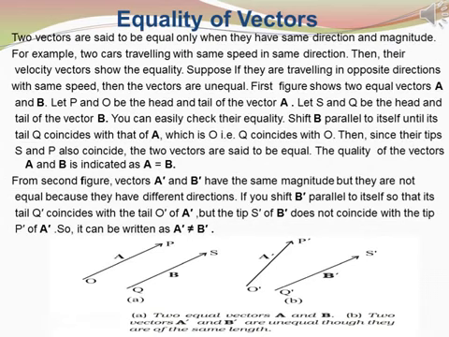If you shift the vector B dash parallel to itself so that its tail Q dash coincides with the tail O dash of the vector A dash, the tip S dash of the vector B dash does not coincide with the tip P dash of the vector A dash. That is, they are unequal vectors. This inequality can be represented by vector A dash is not equal to vector B dash.